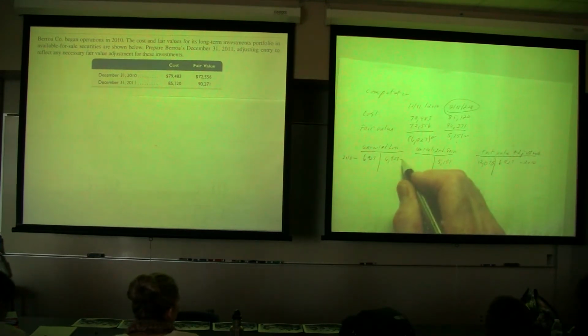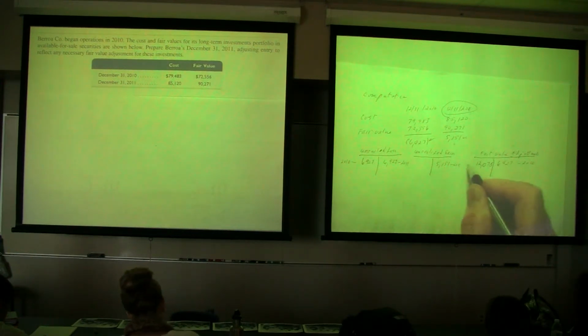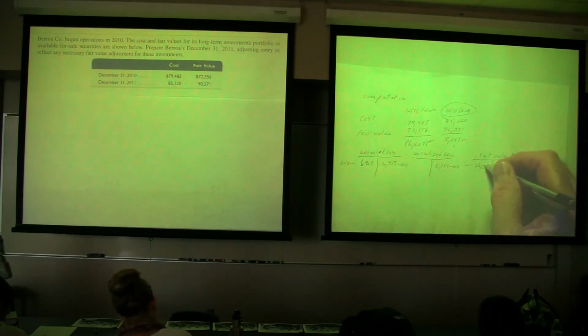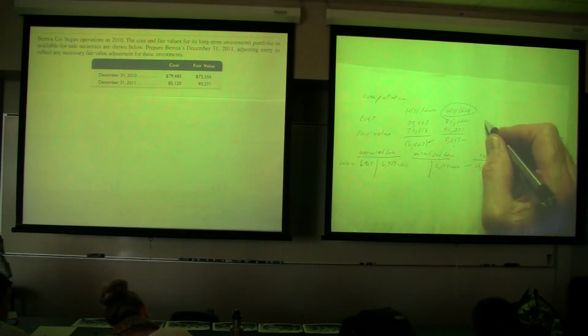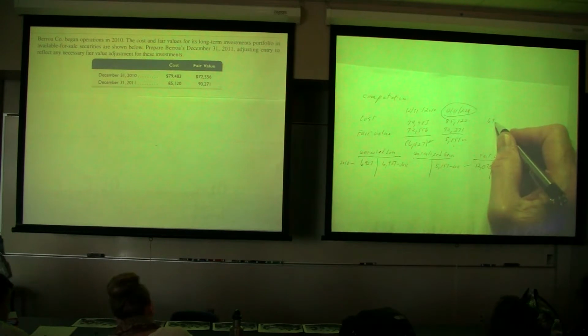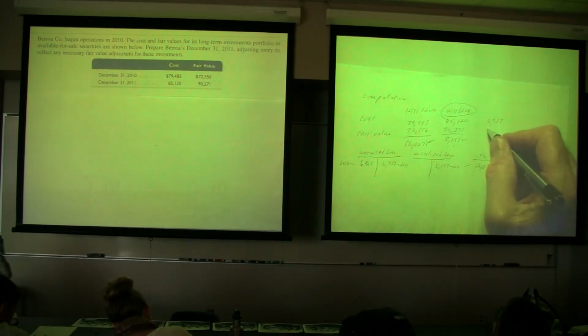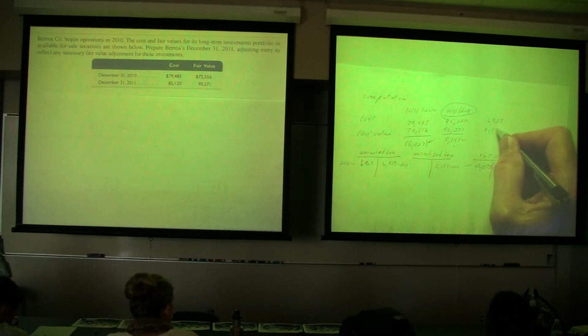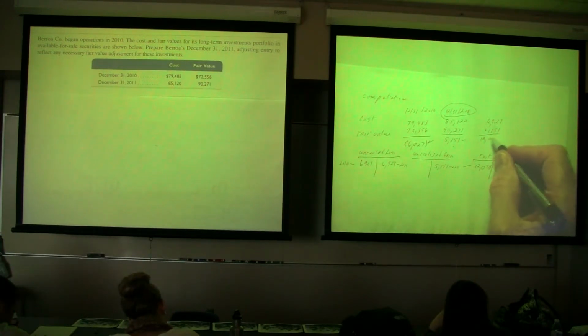And so this is 2011. Where we came up with this number is we need to zero out the loss of 6,927. We need to establish the gain of 5,151. So those two together is 12,078.